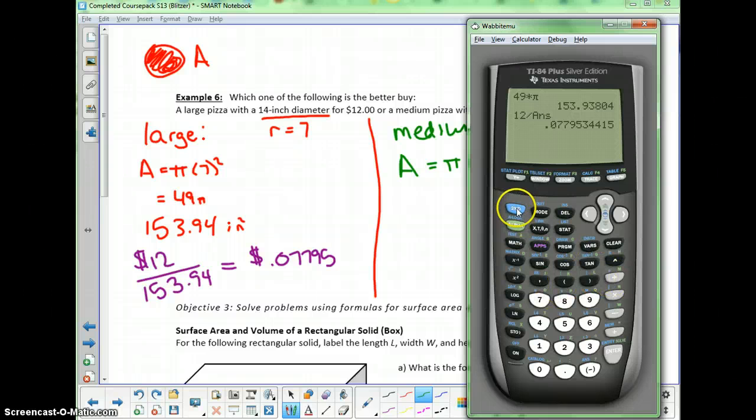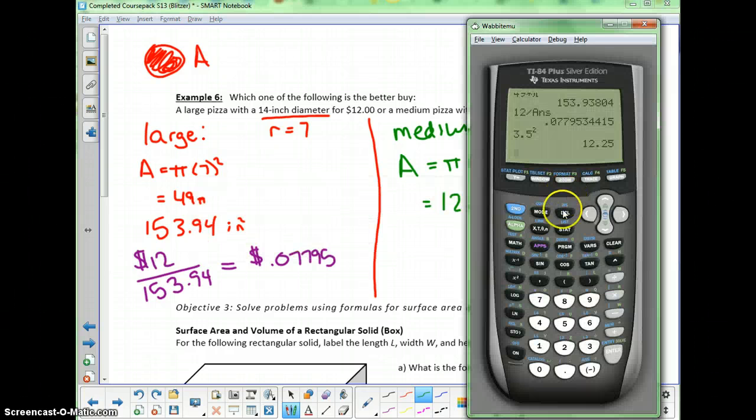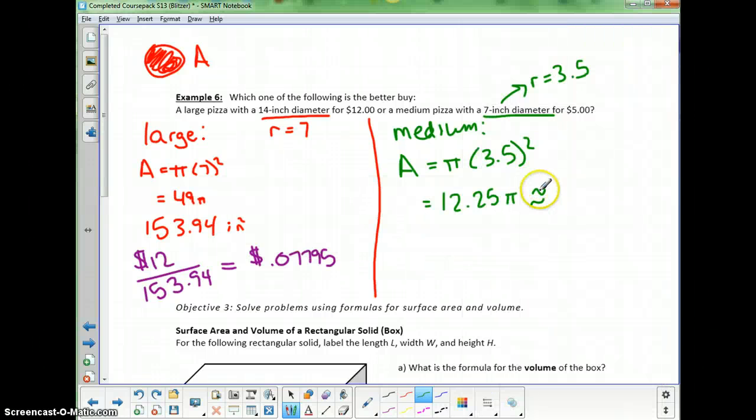So we're going to take 3.5 squared. 3.5 squared is 12.25. 12.25 pi is the exact value for that area, and it's approximately, let's multiply it by pi, approximately 38.4845 square inches.